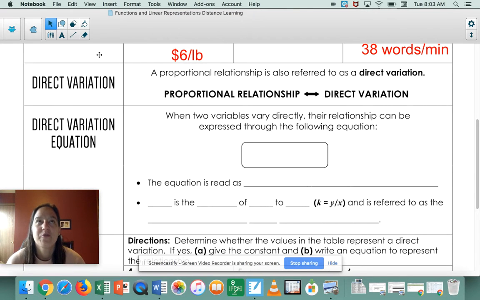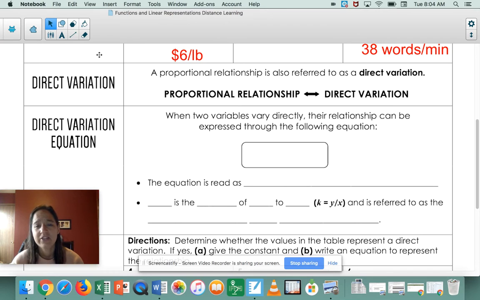And so why do we teach you all of these words? We teach you all these words because sometimes someone refers to it as a direct variation. Sometimes people refer to it as a proportional relationship. You need to know they're the same thing. So when someone says, this has a proportional relationship, you can also say, it has a direct variation.